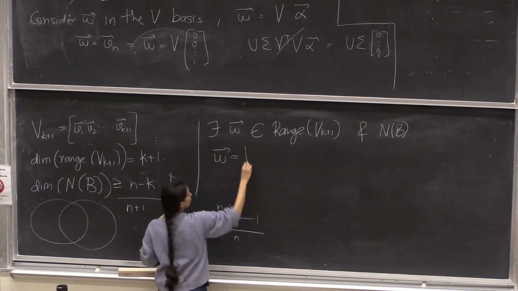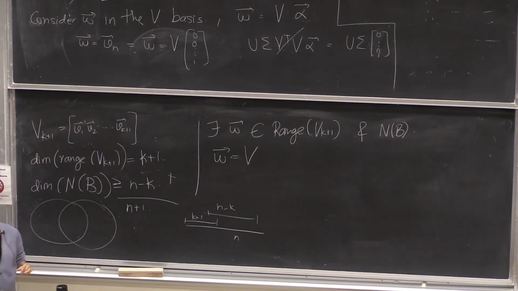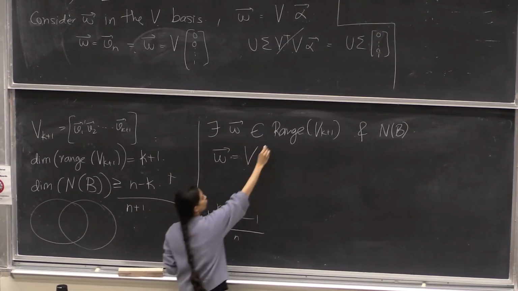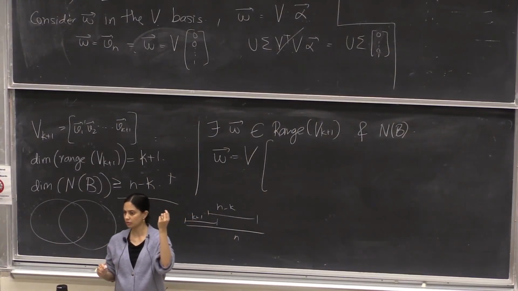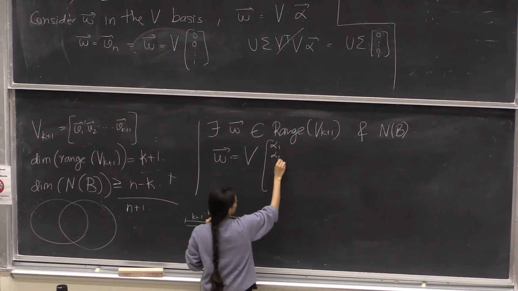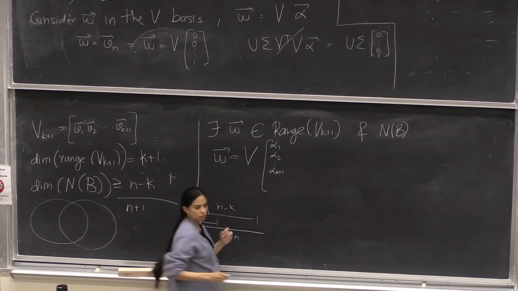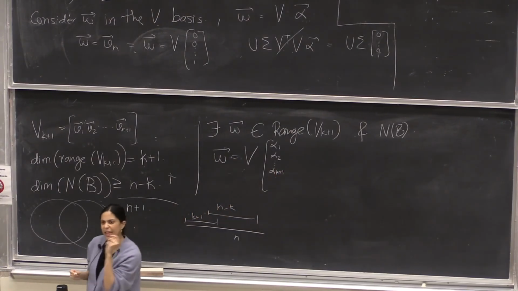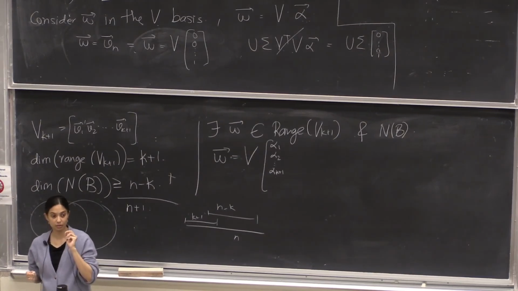When I write my W in my V basis, what does it mean for W to belong to the range of Vk plus 1? What must my alpha look like? Can there be a component on V1? Right? I can have V1 has something, V2 has something, all the way up to Vk plus 1. But what must the coefficient for Vk plus 2 be? Must be 0.